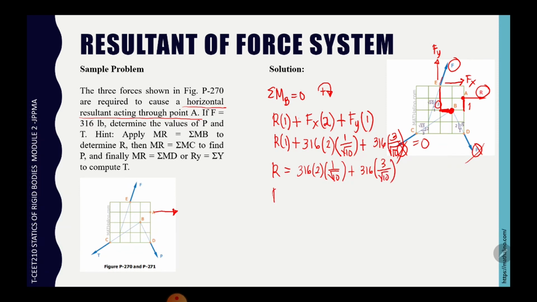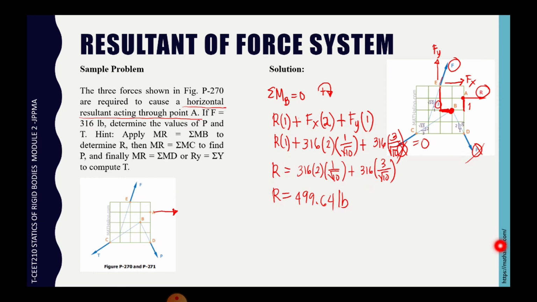Ayan. Makukuha natin si R is equal to 499.64 pounds. And, ayan, given na yung resultant natin. And, pero hindi yan yung requirement natin. Ang requirement natin is to know the value of P and T. So, wala pa si P and T.